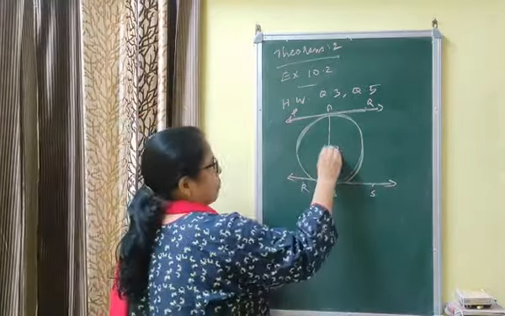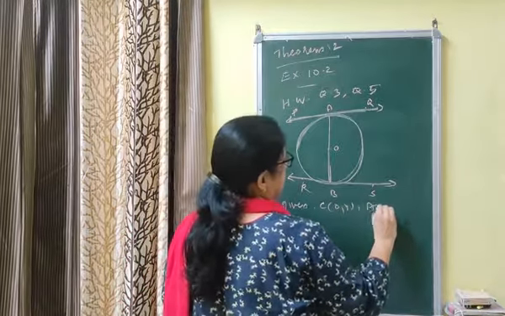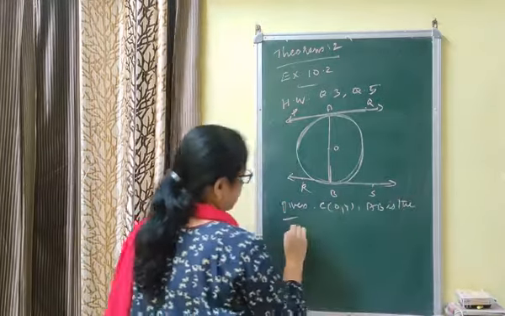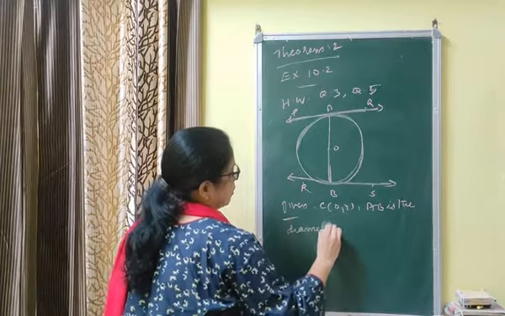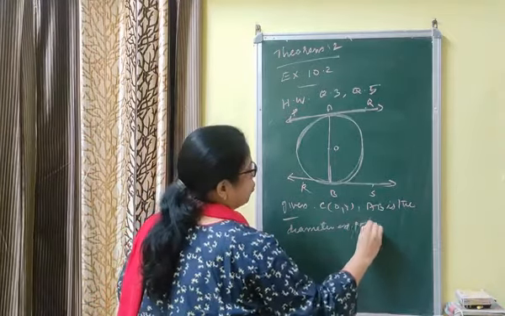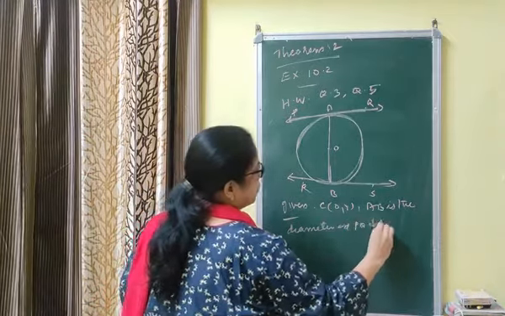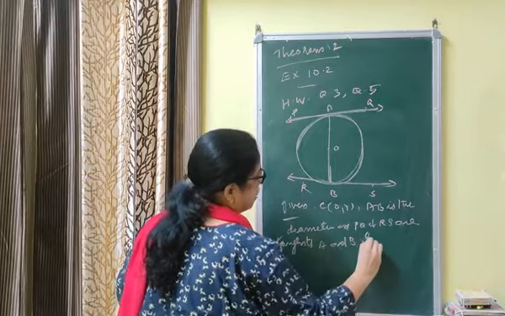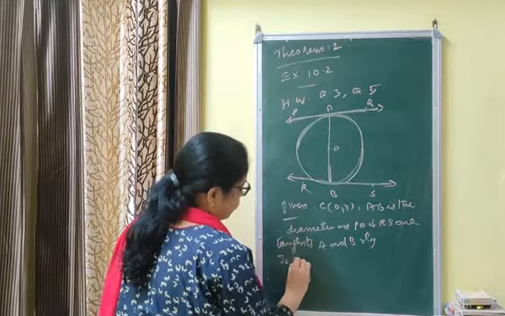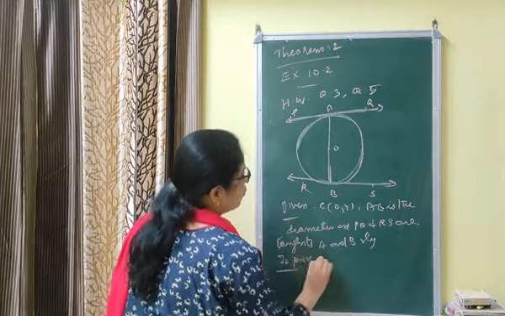Now see, given: in the circle with center O, AB is the diameter, and PQ and RS are tangents at A and B respectively. क्या प्रूफ करना है? To prove, you have to prove that PQ is parallel to RS.